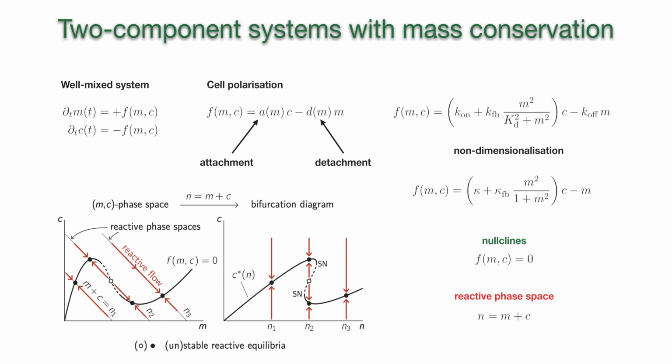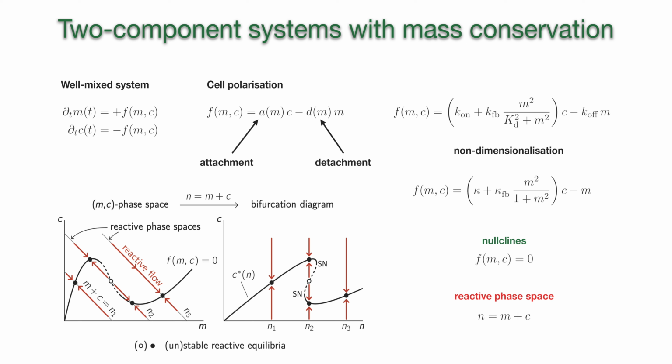You can flip the full phase diagram as we do it here. Right? Instead of plotting M, you plot N, which you can relate to M simply by adding M and C. And then you get a fold, very much like the fold that we had before in the case of studying the Landau model.